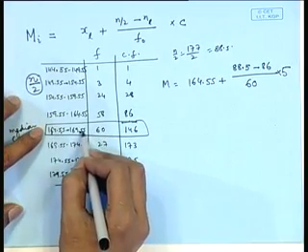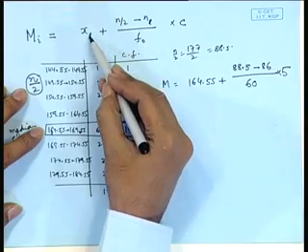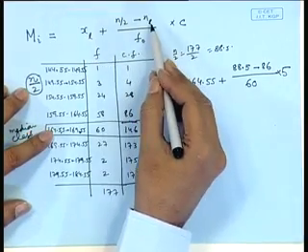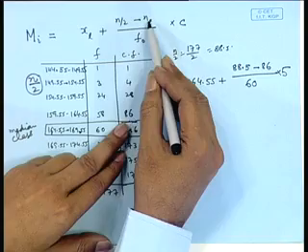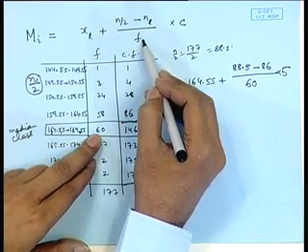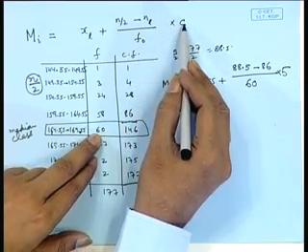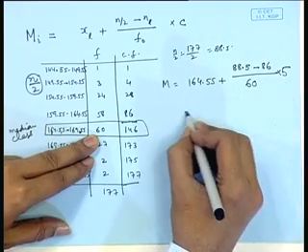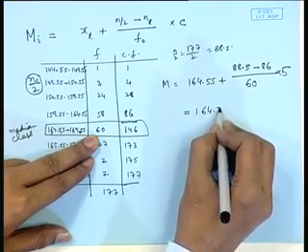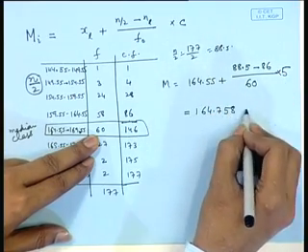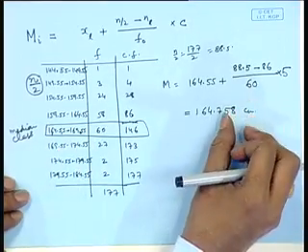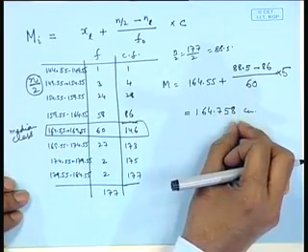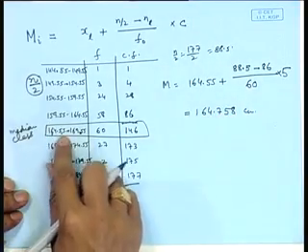Now, when we identify the median class, xL denotes the lower limit of that class, nL denotes the cumulative frequency just before that class, f naught is the actual frequency of that class, and c is the length of the class interval. Once we substitute these values, this turns out to be 164.758 centimeters. Naturally, this is an approximate value of the median, but the median will lie in this class.